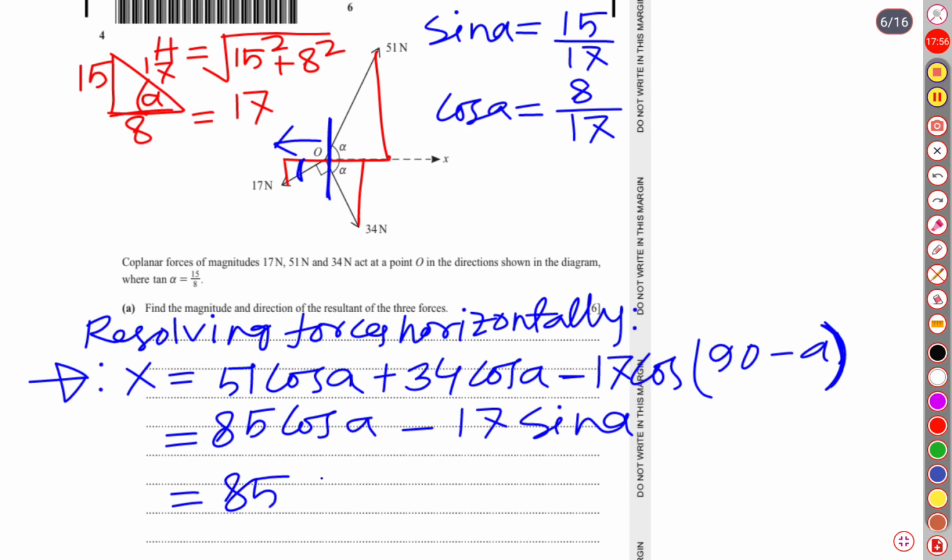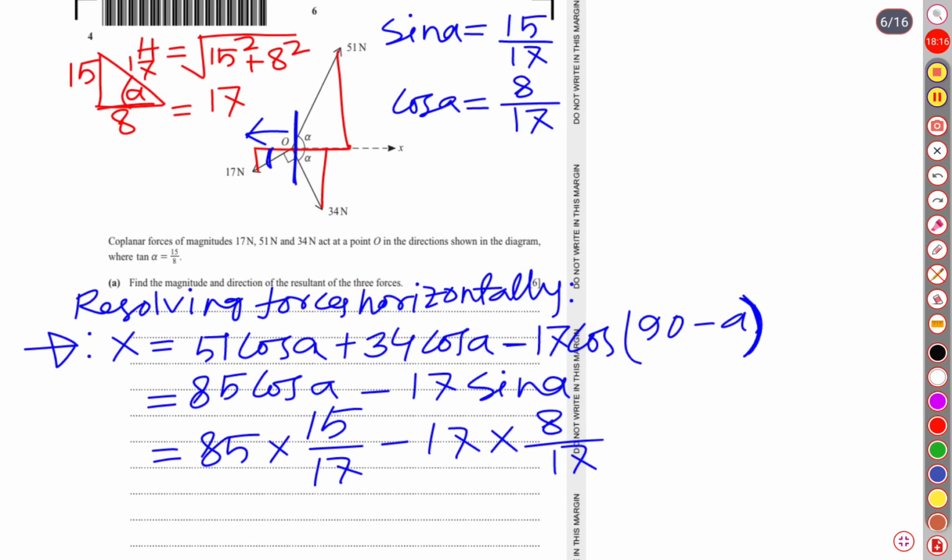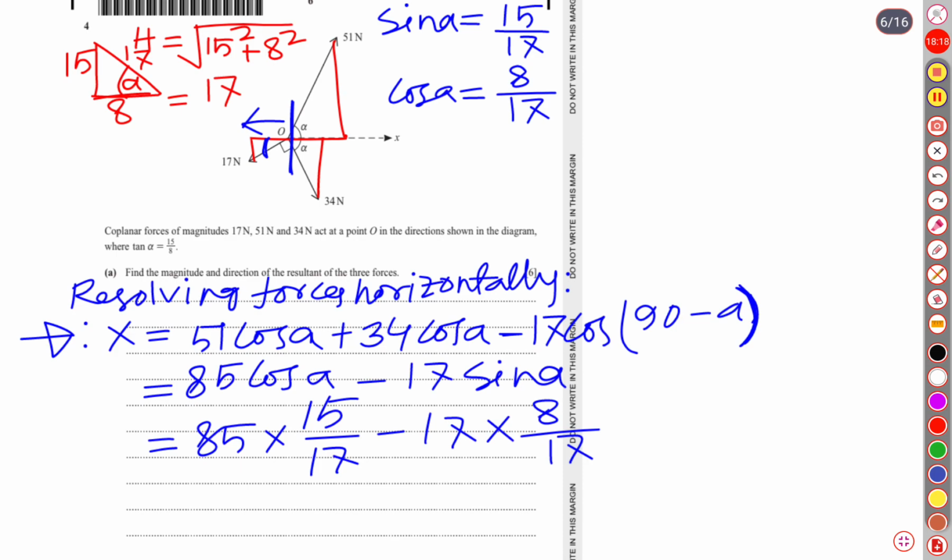85 into cos alpha, we have obtained 15 over 17, minus 17 into sin alpha is 8 over 17. So finally our resultant force in x direction is what?